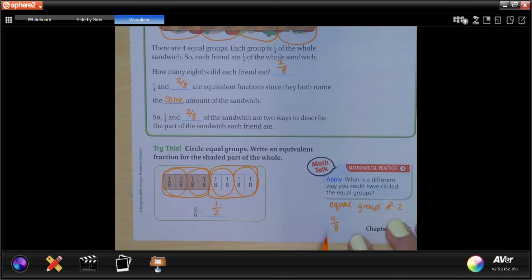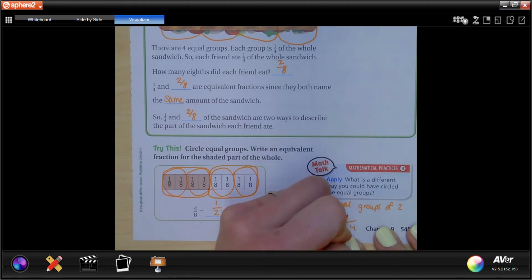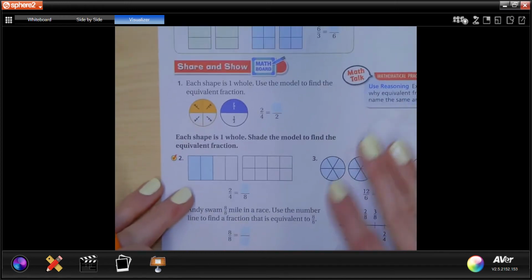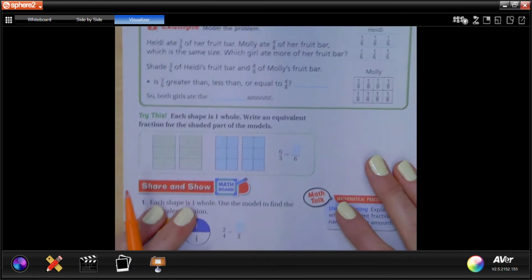Then we have, out of 4 groups, 1, 2, 3, 4, how many of them are shaded? 1, 2. So 4 eighths is equivalent to 2/4. We are going to flip over to page 546.